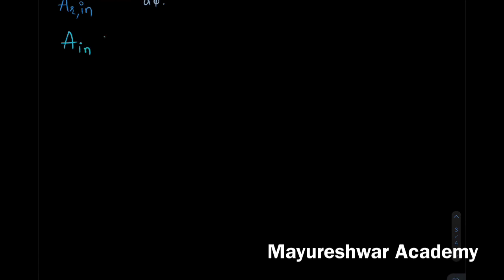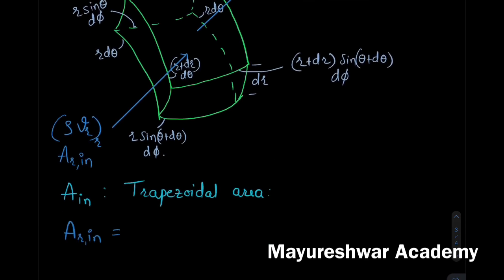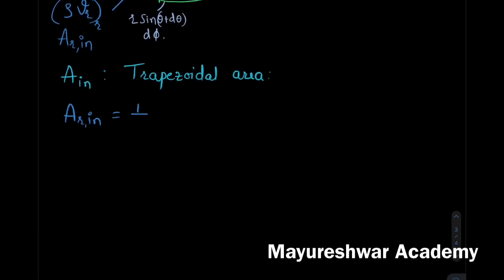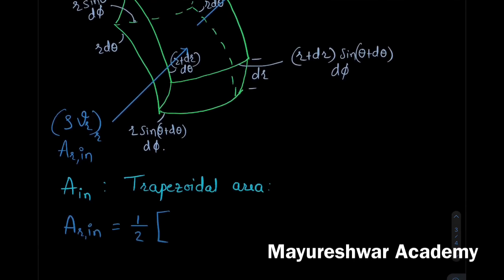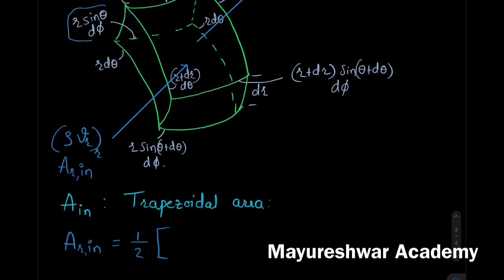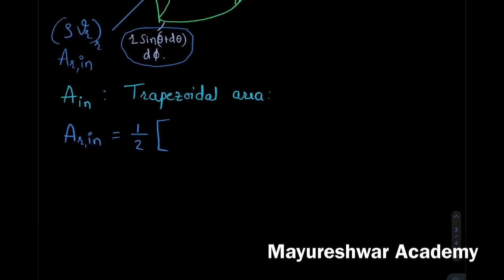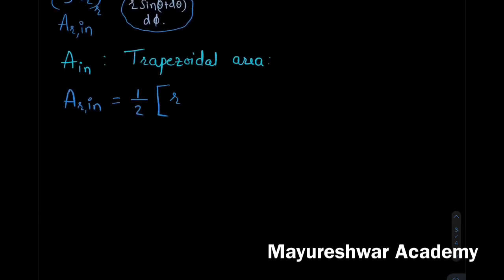So A in, which is a trapezoidal segment, we again need to use that average of two lengths multiplied by height. So the average, in this case for the incoming area, is going to be 1/2 of r sine theta d phi, which is this length, and the other is this r sine of theta plus d theta, and then r d theta is the constant side.